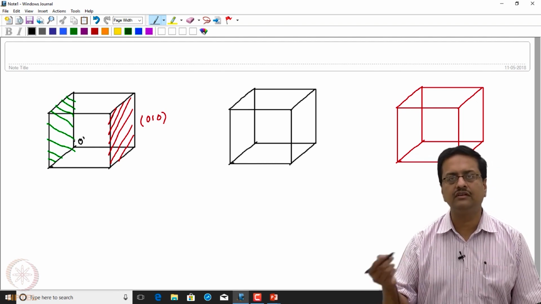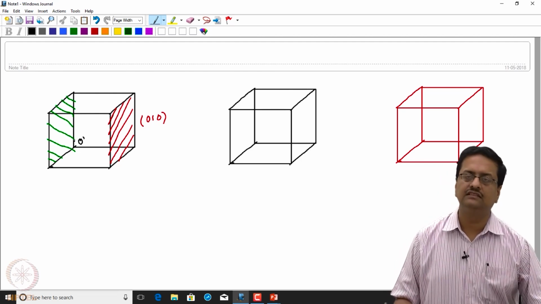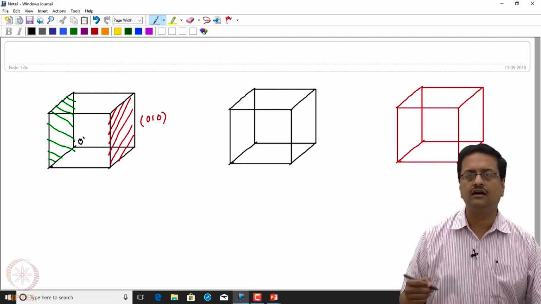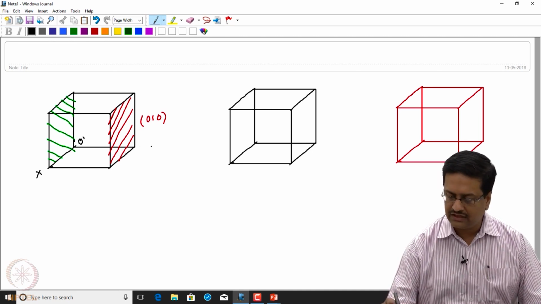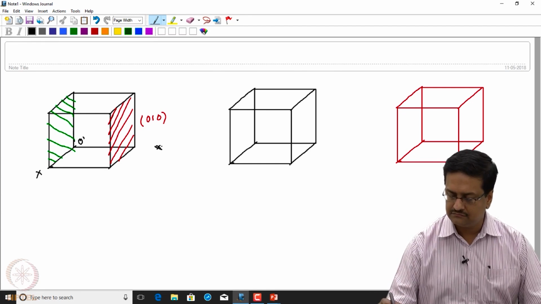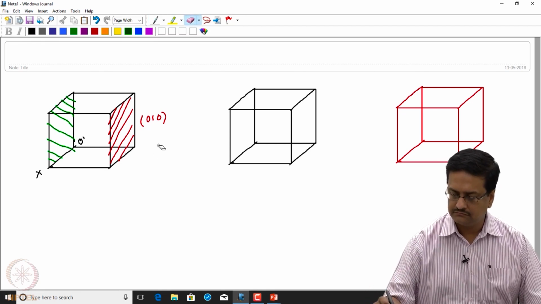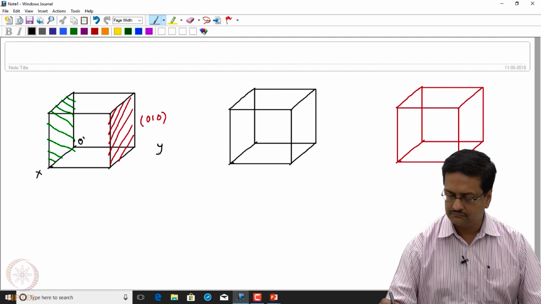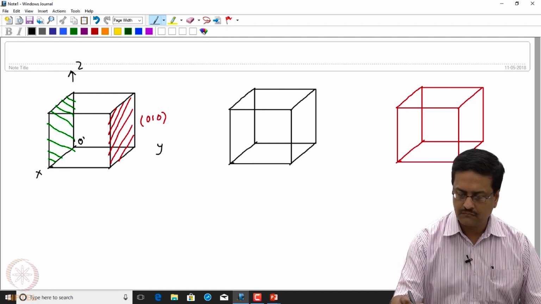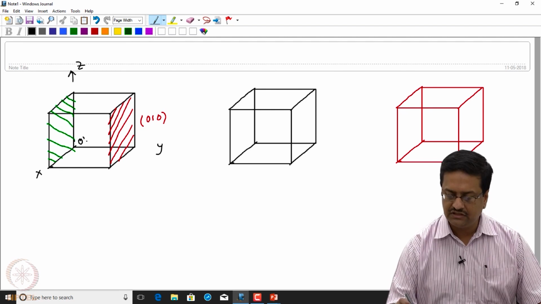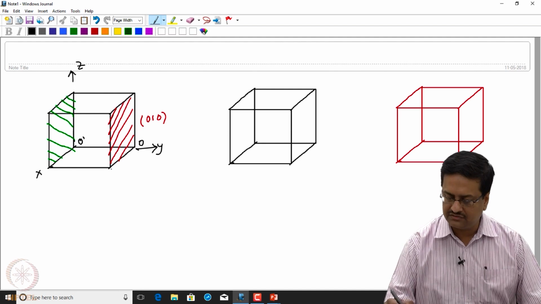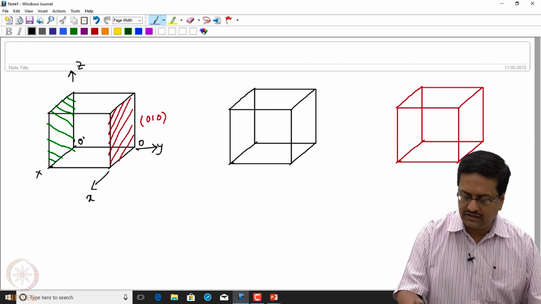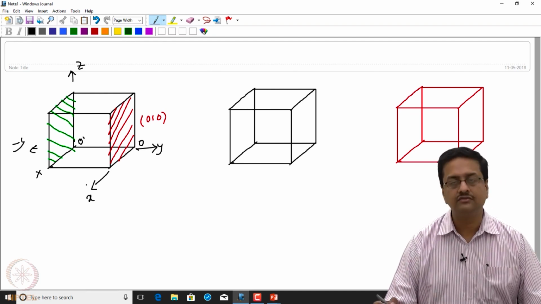So we need to shift the origin to a suitable location such that the origin is no longer on the plane. So instead of having x, y, z like that, I would shift this origin here so that this direction is plus x, plus y, this direction is plus x, the backward direction is minus y, and so on.